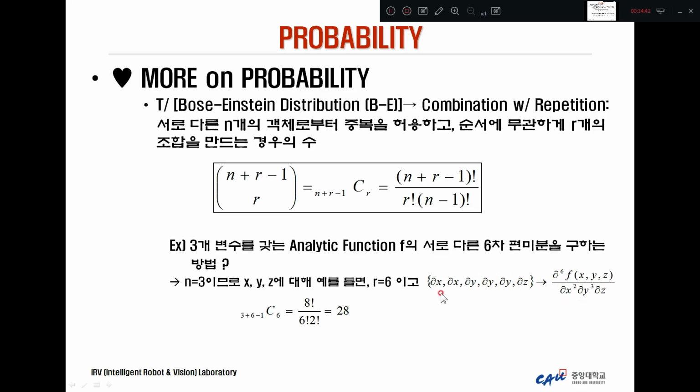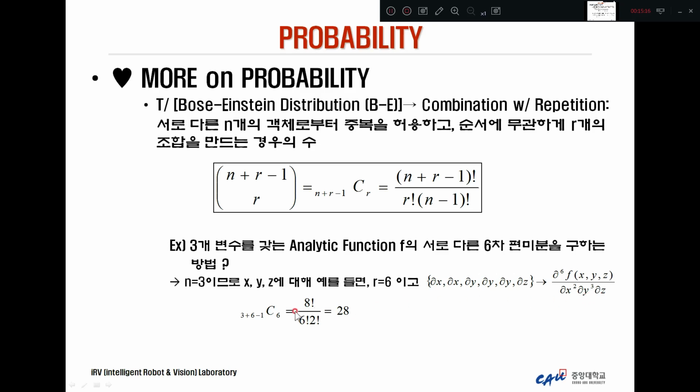For example, we differentiate with respect to x twice, with respect to y 3 times, and for z one time, just one time, then del 6 f(x, y, z) over del x square del y cubic del z.